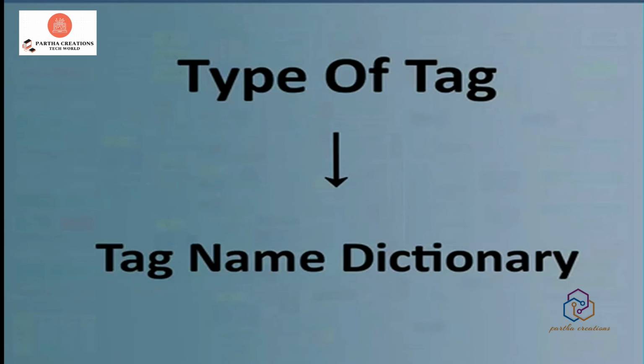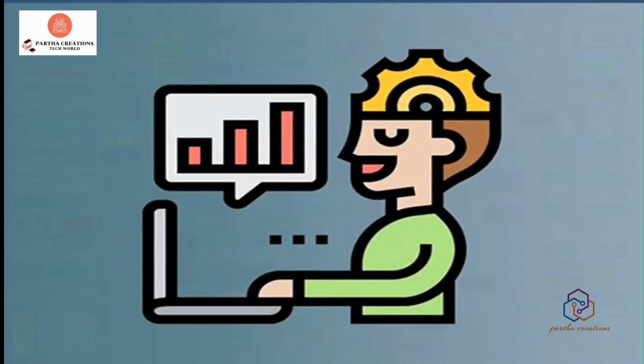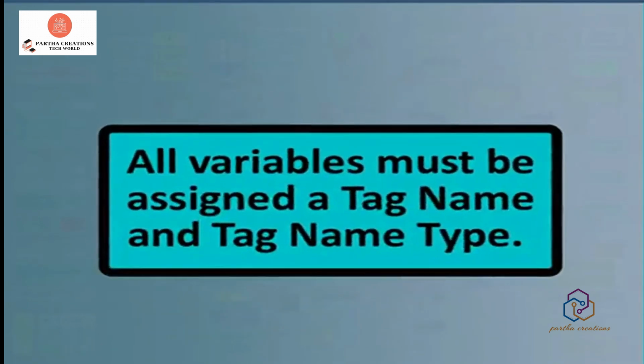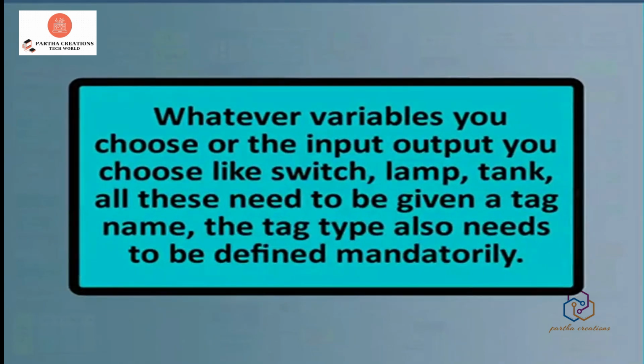So the selection of tag, the type of tag are very important in Scada. We will learn all these in detail. Moving on, all variables must be assigned a tag name and tag name type. We have already discussed that whatever variables you choose or the input output you choose like switch, lamp, tank, all these need to be given a tag name. The tag name type also needs to be defined mandatorily.